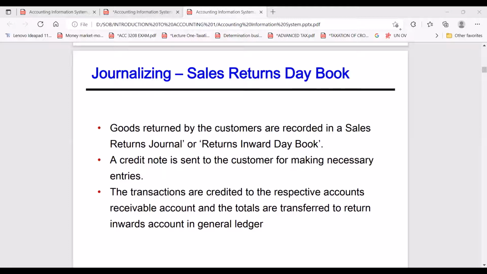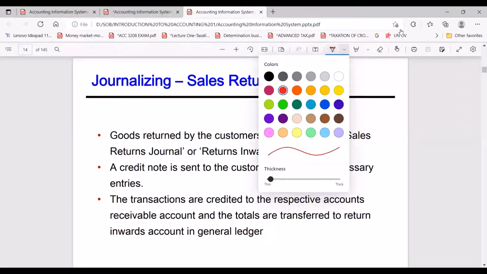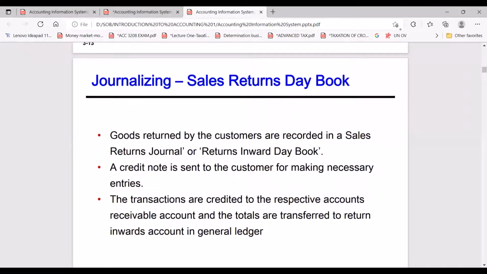The transactions are then credited in the respective accounts receivable accounts for the various customers who have returned goods, and the totals are transferred to the return inwards account in the general ledger at the end of the period. They are debited in the return inwards account while a credit is done in the various accounts receivable accounts of the various customers.